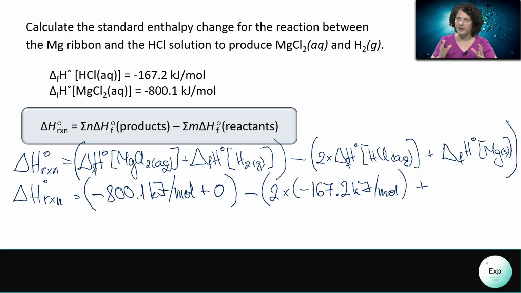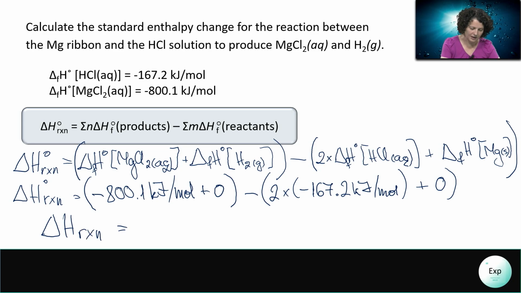Plus, this is all within the sum calculation, the standard enthalpy of formation of magnesium as it appears under standard state condition, meaning solid, which is 0. We close the parentheses dedicated to the reactants. From here, it is a straightforward calculation and we find that the standard enthalpy change of the reaction is minus 465.9 kilojoules per mole.